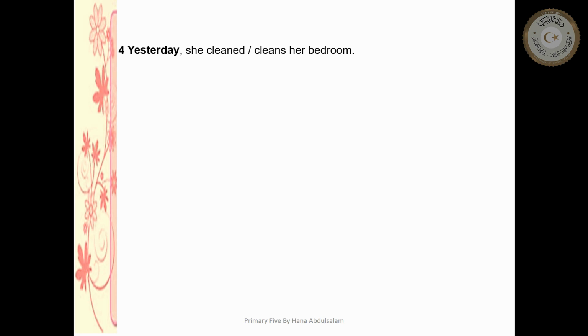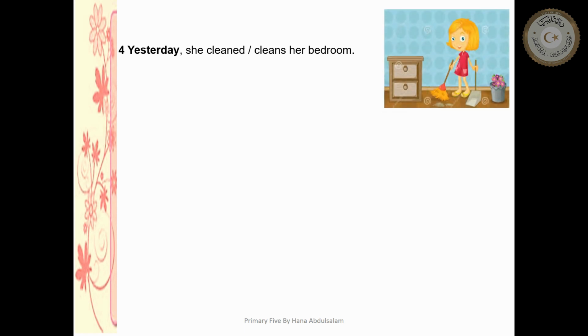Yesterday she cleans her bedroom. Oh, she is a good girl. Can you see her? So which one? Cleaned. Why? Because it is a regular verb. It is present plus ed. Add ed.